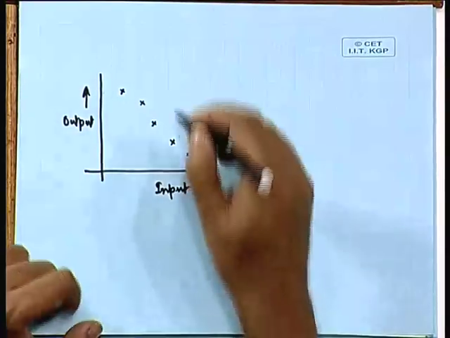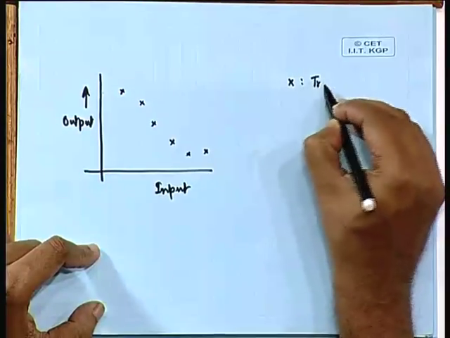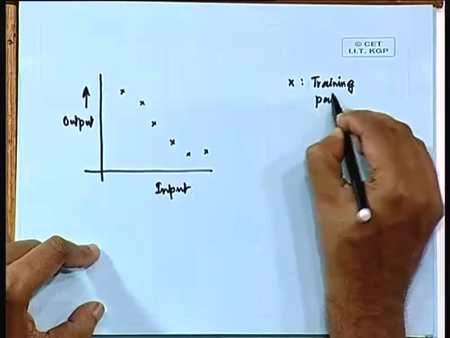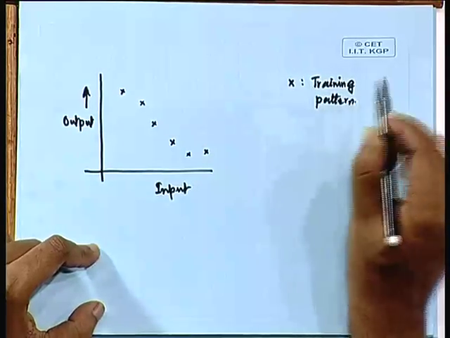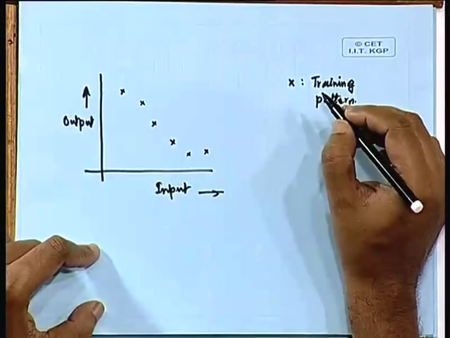Now all the crosses that I have given in this drawing are the training patterns, where the input-output behavior is known. What the neural network does with the training is fit a curve.